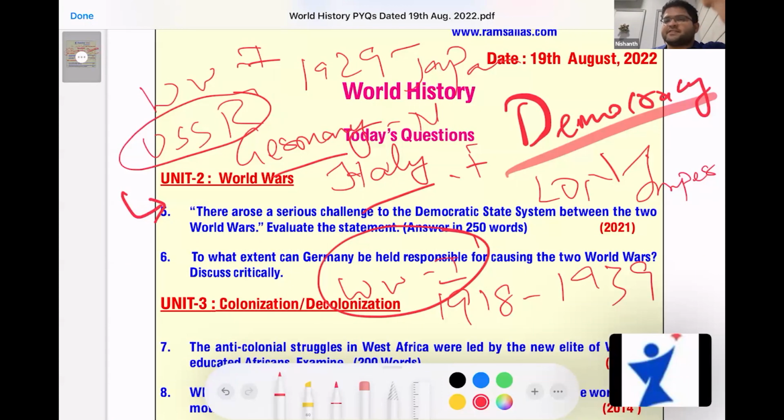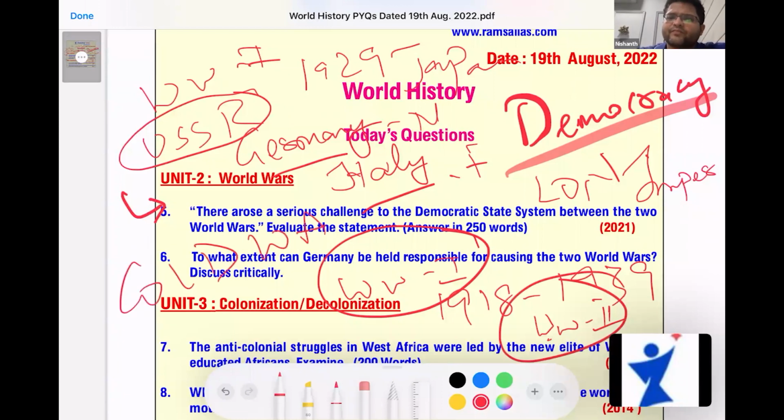Too much nationalism, imperialism. And you can say that after World War II, the threat to democracy continued in the form of the Cold War. So all these aspects are threats to the democratic state systems between the world wars, before the world wars, and after the world wars.